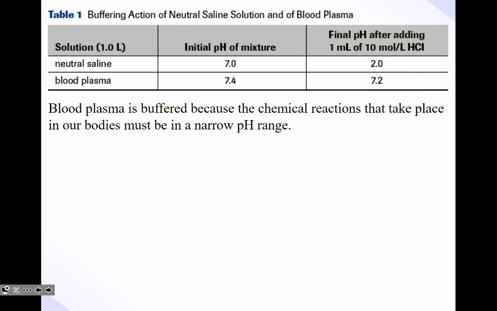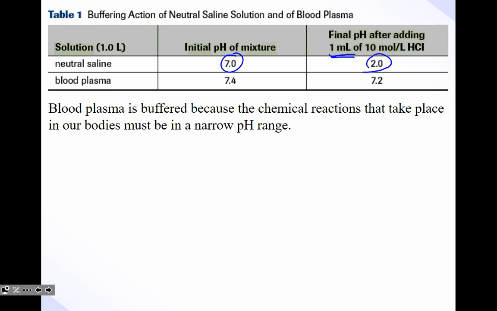So let's see a real life example. Blood plasma is considered a buffering system. Let's compare that to neutral saline. Neutral saline is very similar to plasma in terms of pH and conductivity. If I add a wee bit, like 1 milliliter of a strong acid to saline, it goes from a pH of 7 to a pH of 2 just by 1 mL.